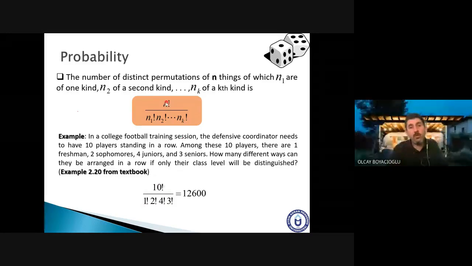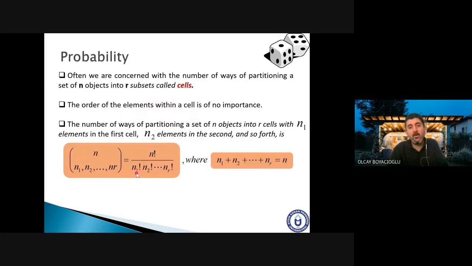However, we are doing different things, but look at the formula. It looks similar: n factorial divided by n1 factorial, n2 factorial. Here is the same, where n1, n2, and nr sum to the total number n. Okay, this should be the rule.